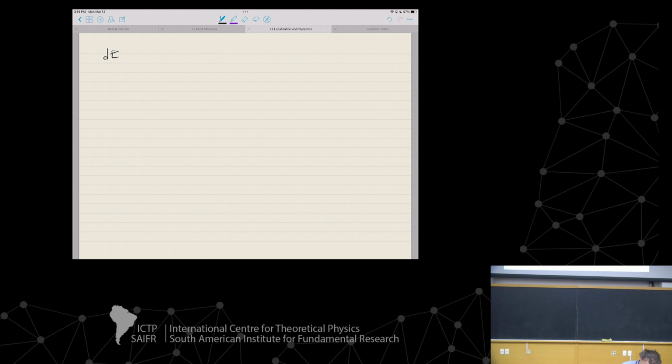If I take the derivative of the dispersion relation, then I want to take the derivative of the expectation value of my Hamiltonian with Q. And because the Hamiltonian doesn't explicitly depend on Q, I need to write out, by the product rule, something like this.